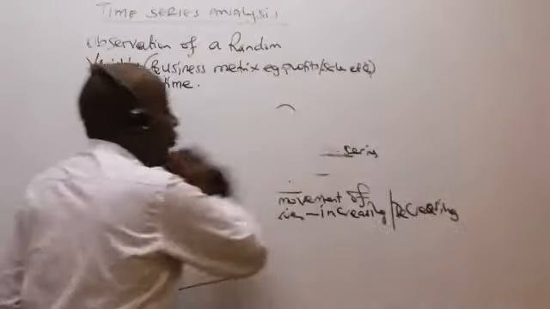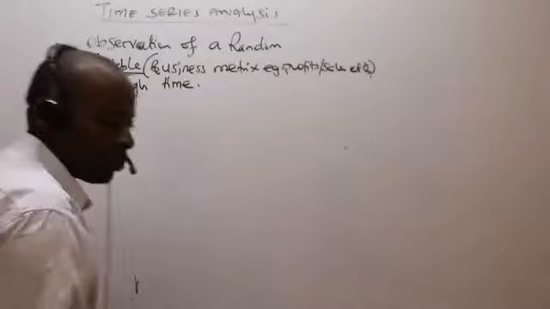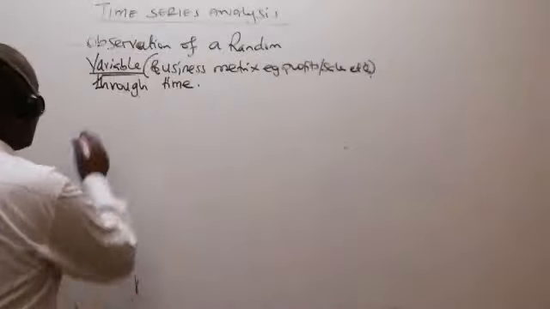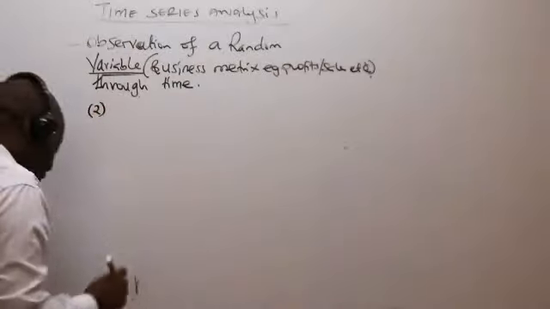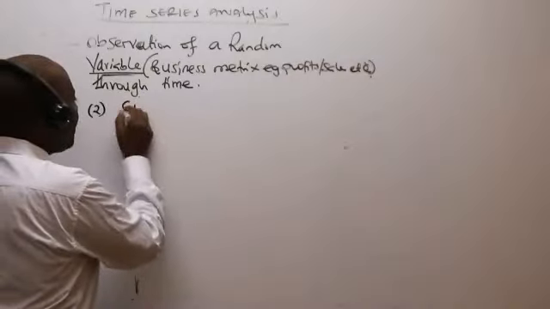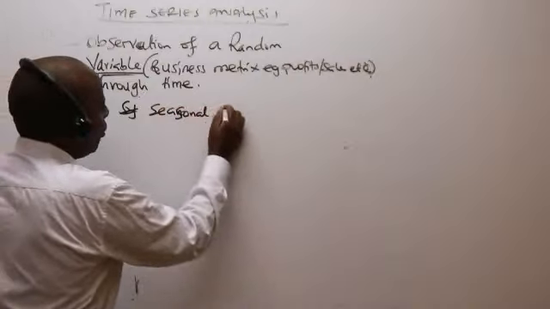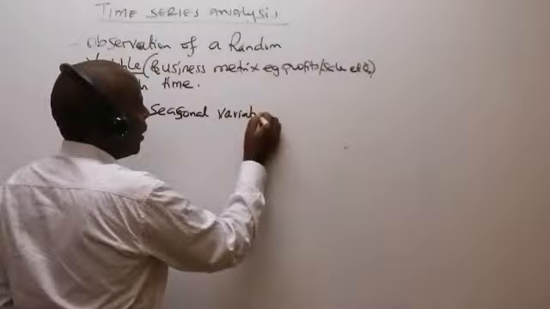Go to the second component. Ladies and gentlemen, the second component of the time series is what we call the seasonal variations.